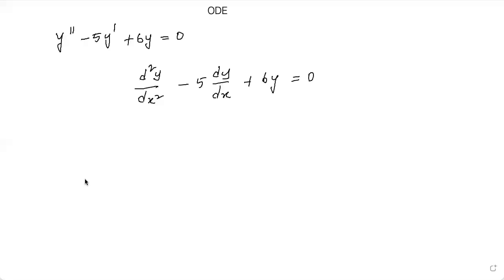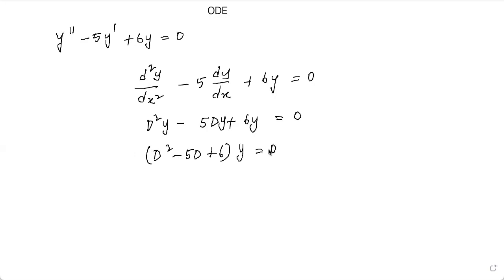Now this will be D square minus 5D plus 6y is equal to 0, or you can write (D square minus 5D plus 6) into y equal to 0.